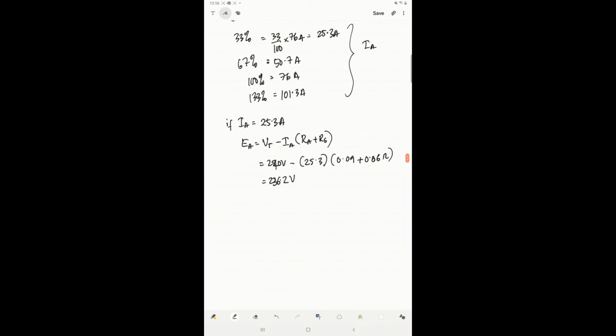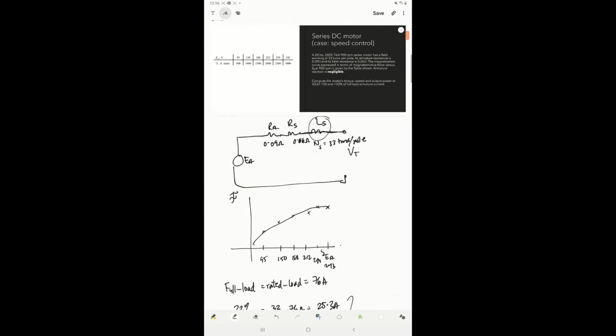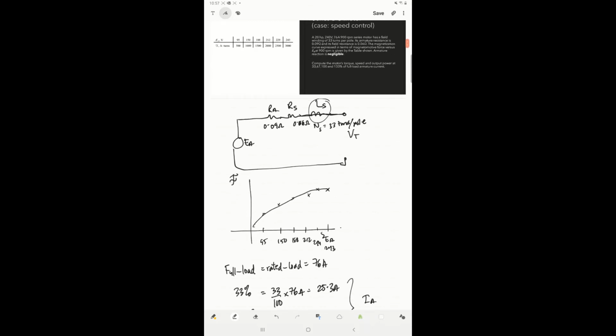To know the speed of this motor, we want to use the magnetization curve. Since the magnetization curve is given at 900 rpm, we need to find out the EA for this.